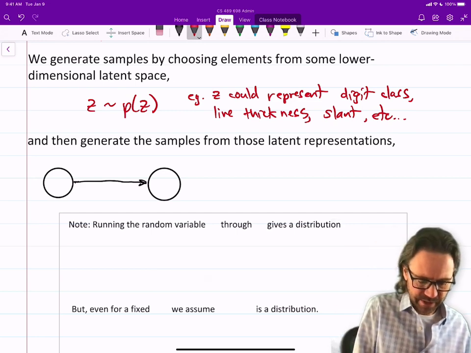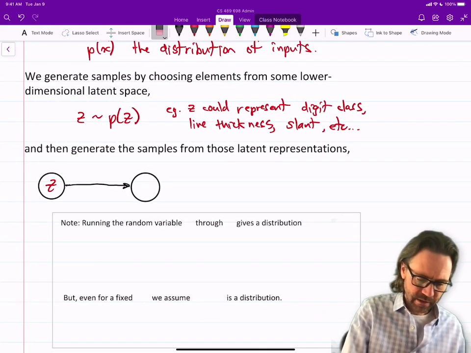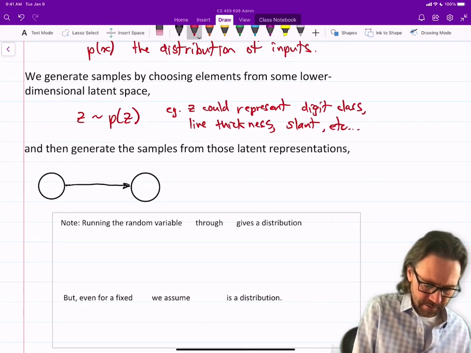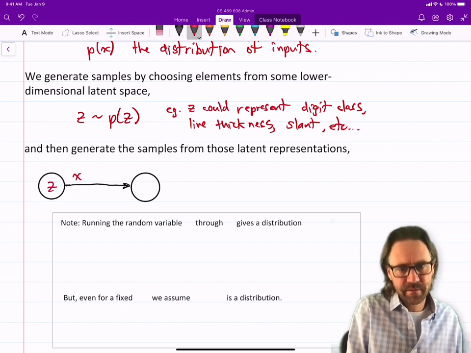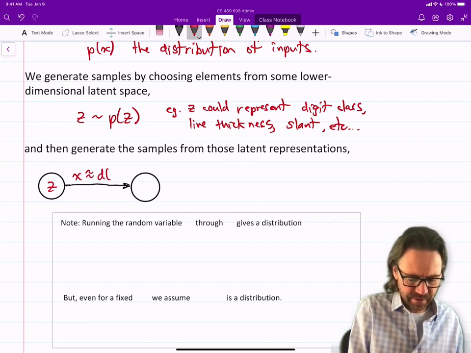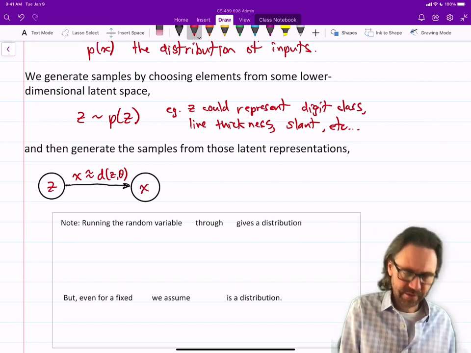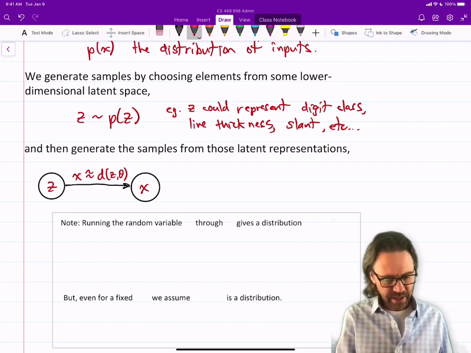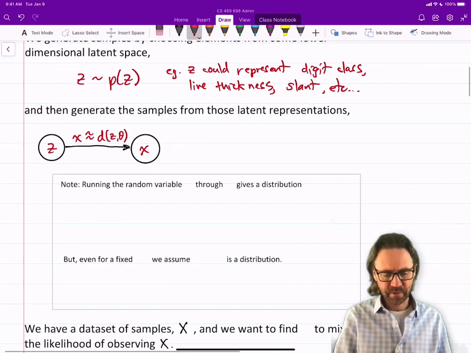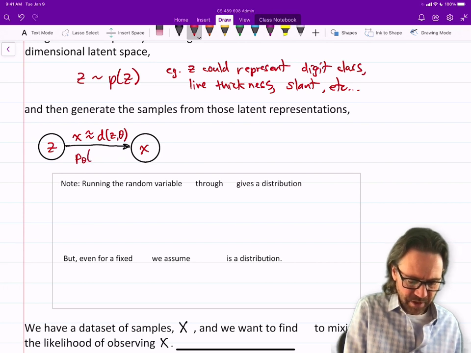So from that latent representation, we generate those samples. So here's our Z. And then we can generate X by some function D that has parameters theta, and it gives us an X. And so we can think of this function D as generating a distribution, and that distribution's parameterized by theta.